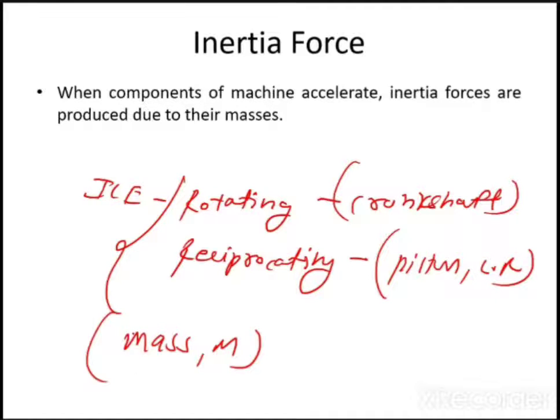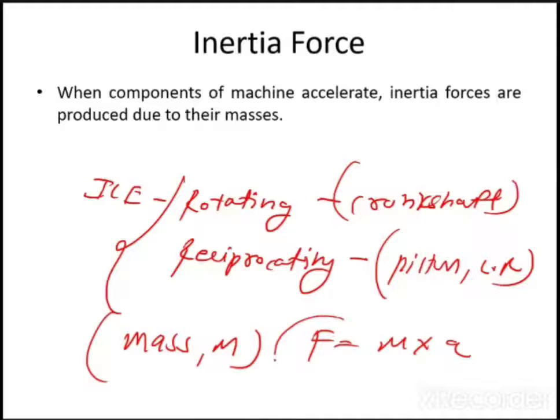Now basically the inertia force arises due to the mass of these rotating and reciprocating components. Try to understand it. Inertia force is related to the mass. Basically you know this formula, F is equal to m into a. So force F is equal to mass into acceleration.